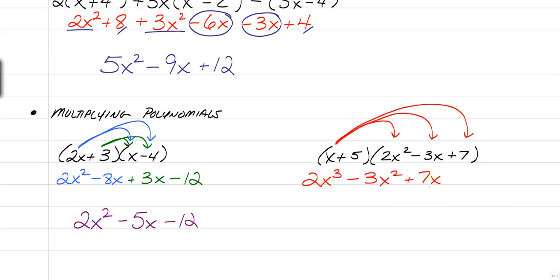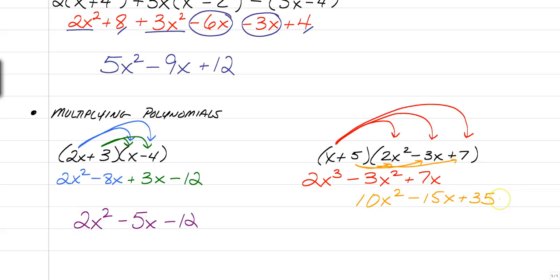And then you need to multiply everything by 5. So 5 times 2x squared is going to give you a 10x squared. 5 times a negative 3x is going to give you a negative 15x. And 5 times 7 is going to give you 35.